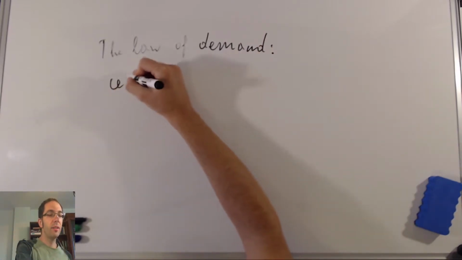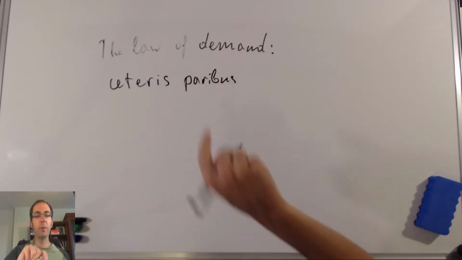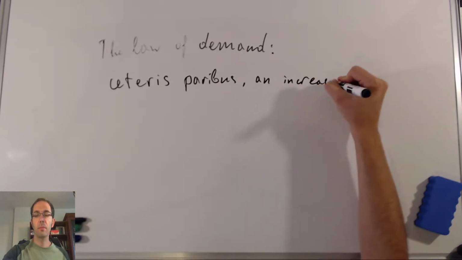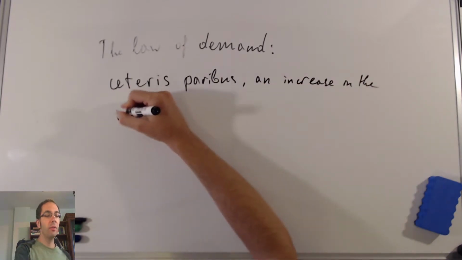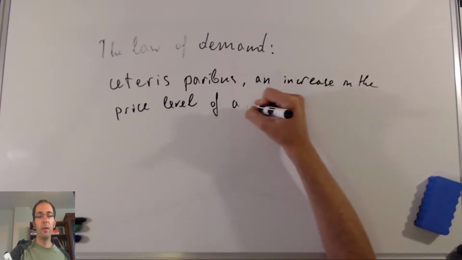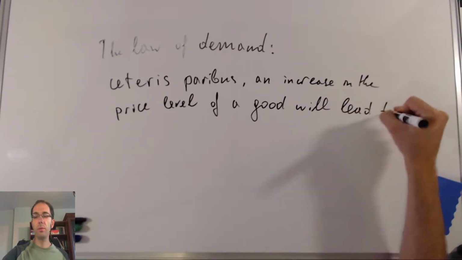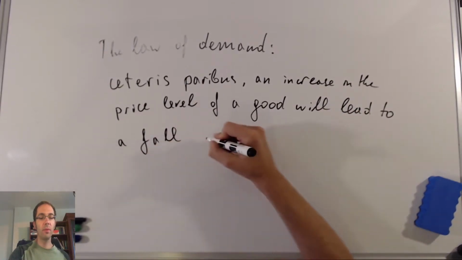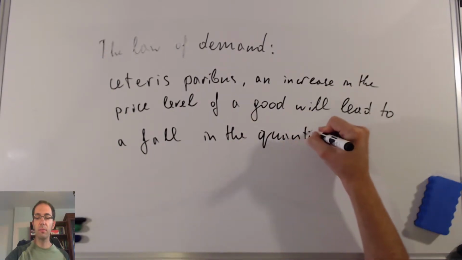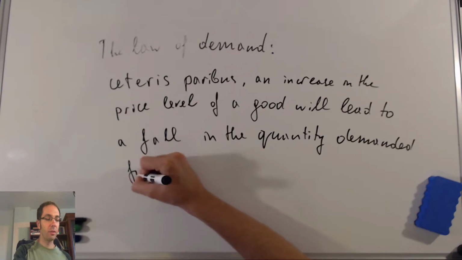So it states that ceteris paribus, I'll explain what that means in a second, an increase in the price level of a good will lead to a fall in the quantity demanded for that good.